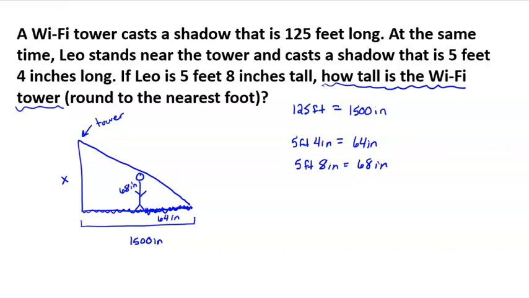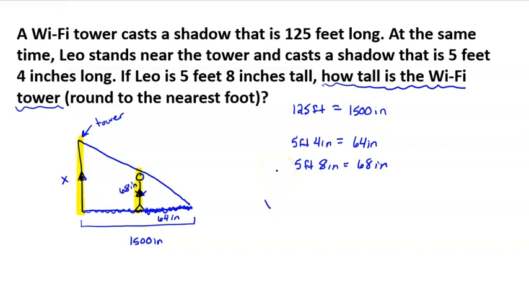Okay, so now we are dealing with similar triangles where we're having these two kind of parallel lines showing up here. And so now I can either draw this as two separate triangles if that helps me, but now I know that these sides are going to be proportional.